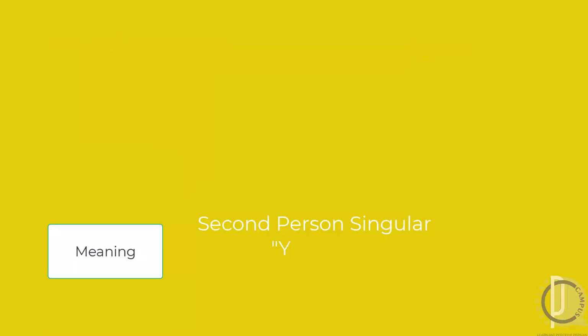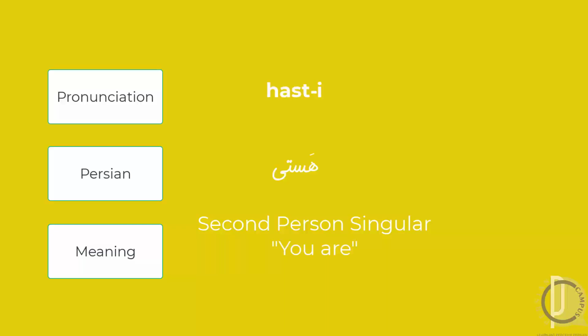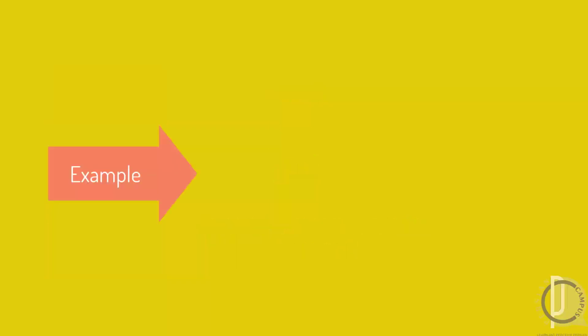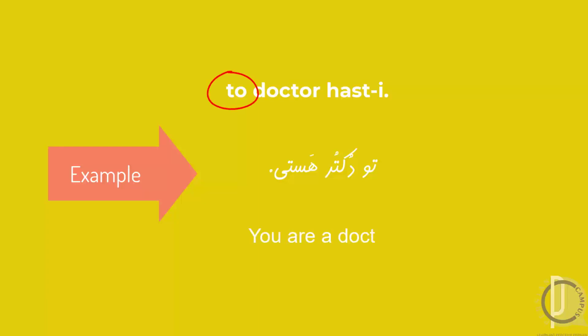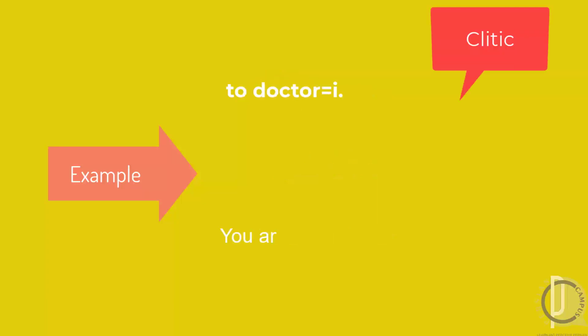For second person singular, hasti means you are. For instance, تو دکتر هستی. You are a doctor. The clitic form is e.